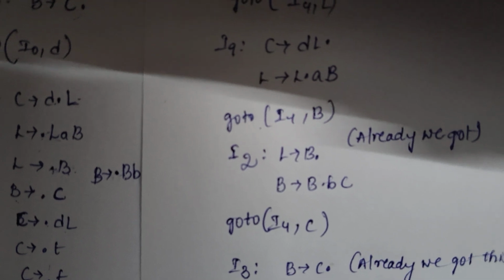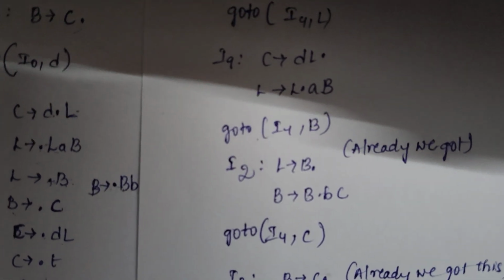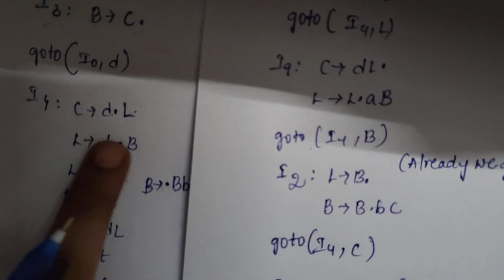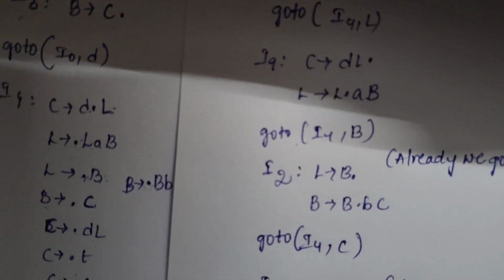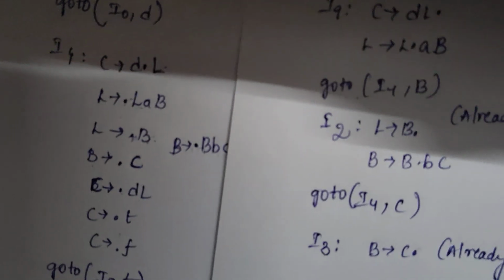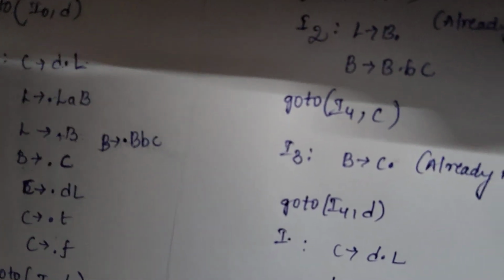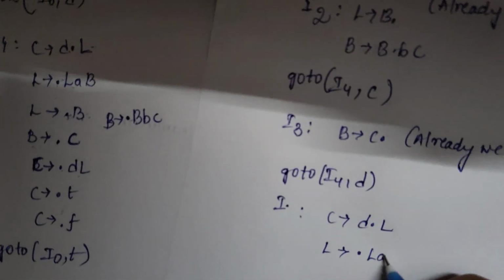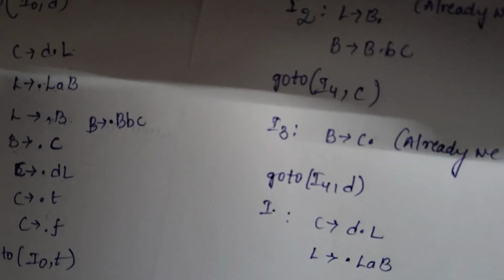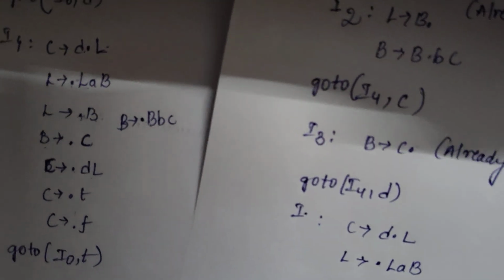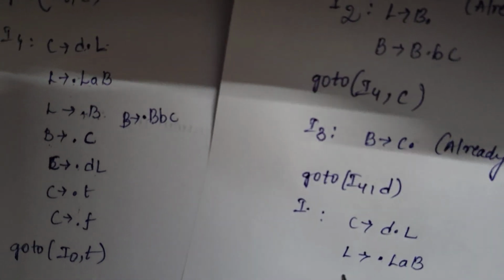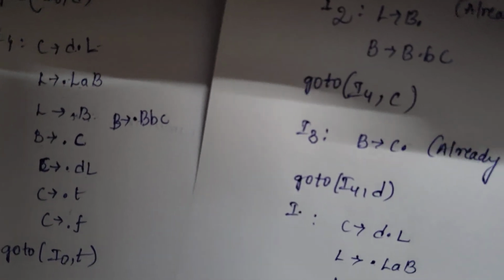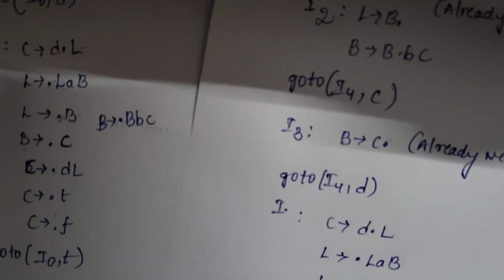C produces D dot L. I think we got this prediction also already, because C produces DL. So we'll be writing the L predictions. What are the L predictions? Just write a dot in front of the prediction. L produces dot B.